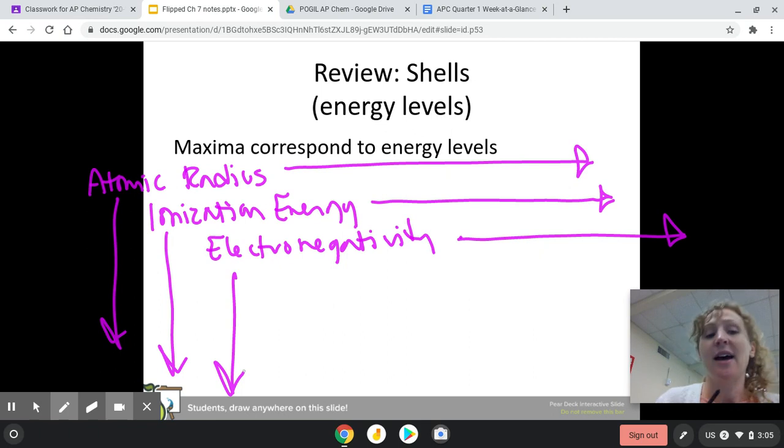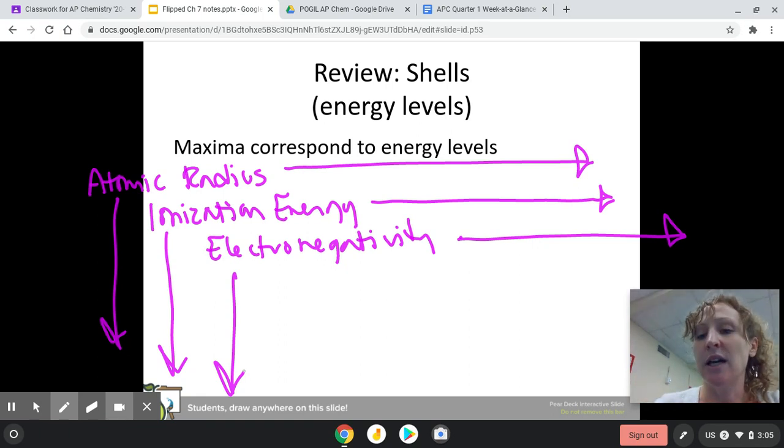All right, atomic radius. So our atom, as it goes left to right, is going to start big and get smaller, smaller, smaller. So if we're looking at the second row, lithium is going to be our biggest atom in our second row, and fluorine is going to be one of the smallest in our second row.